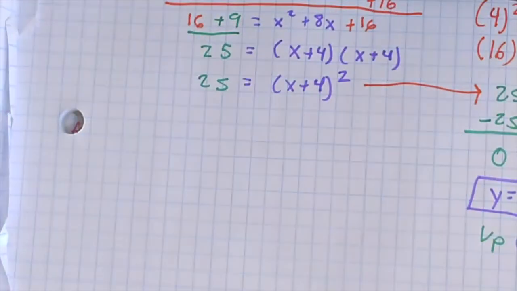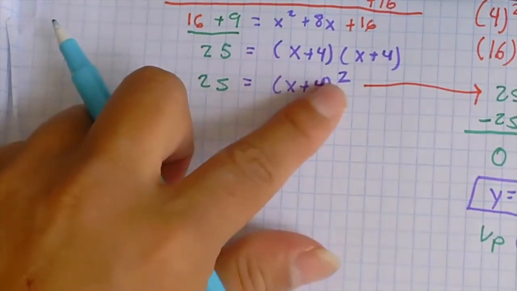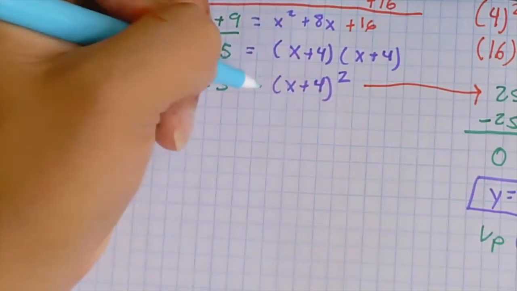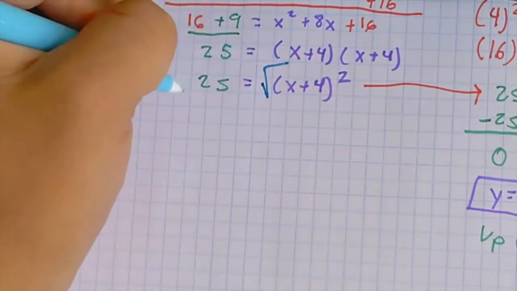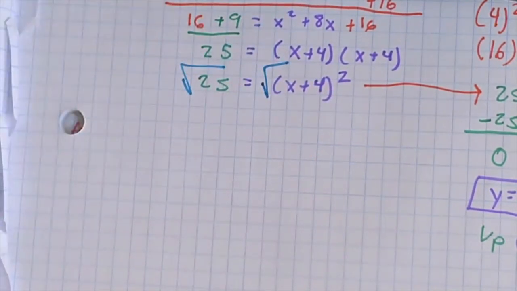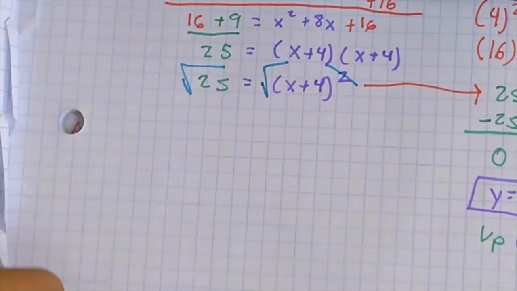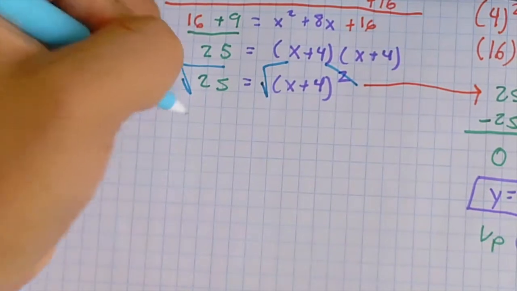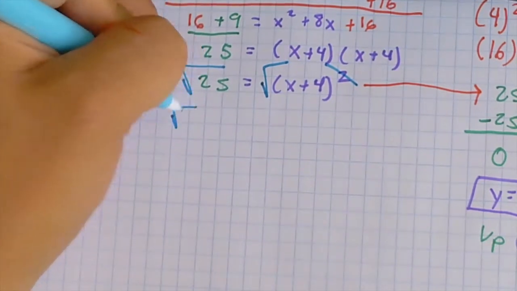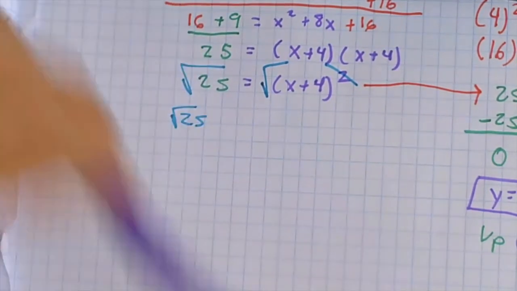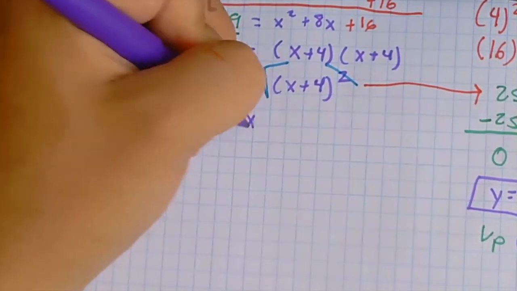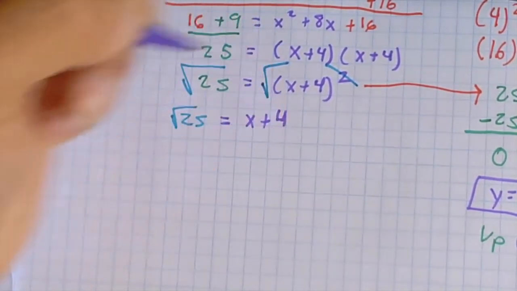Now we move into solving for this equation and identifying the two roots. We need to get rid of that squared. So if I square root it, which is the inverse operation of squaring, I cancel that squared, and now I have the square root of 25 equals x plus 4.